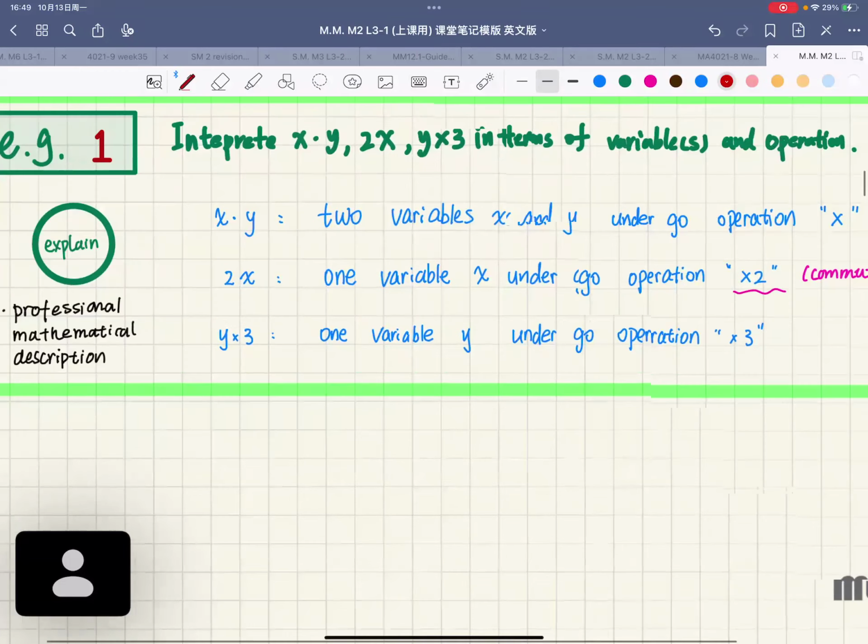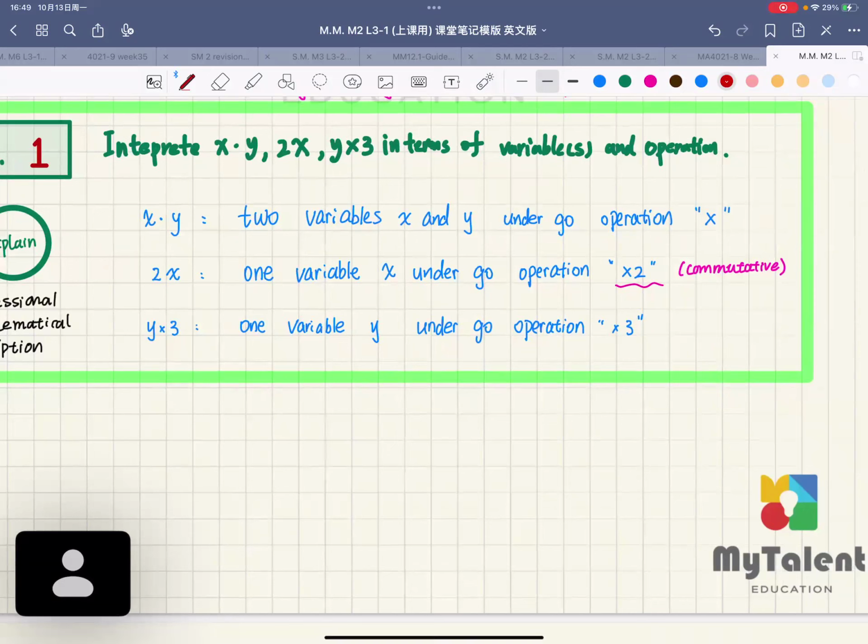Okay, so basically for the first one, how do we interpret that? Basically, it's two variables, x and y, undergoing the operation of multiplication. Okay, that's how we interpret this. 2x basically is one variable x undergoing the operation times 2. All right.